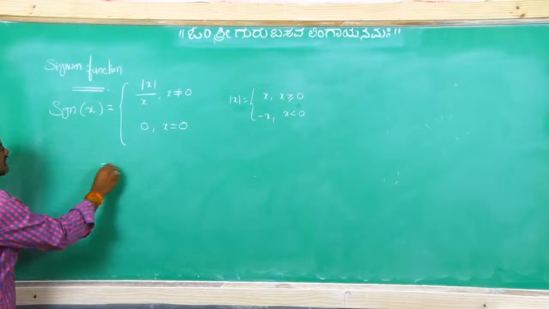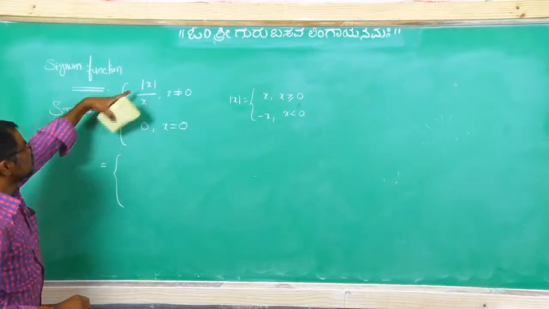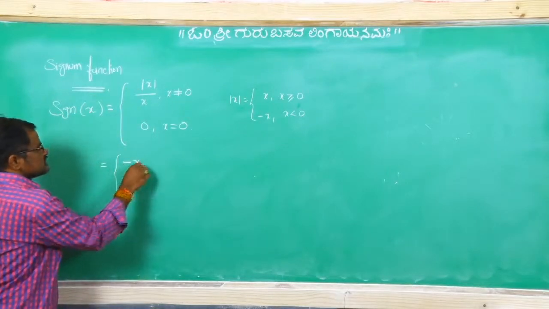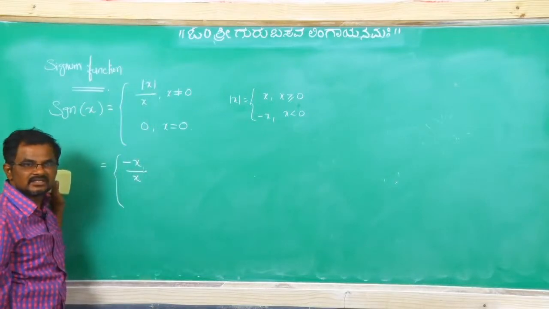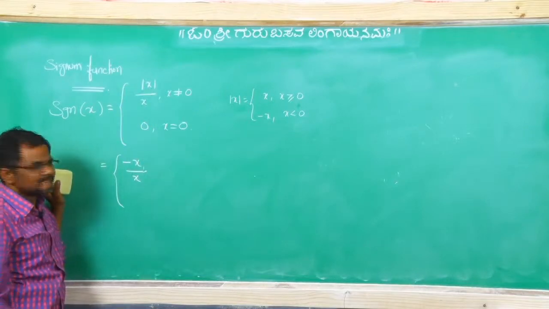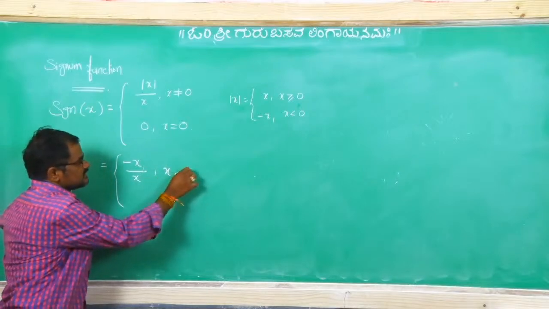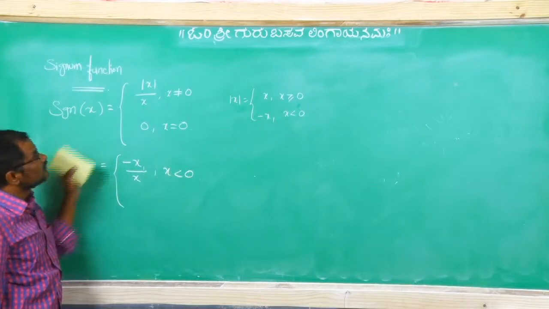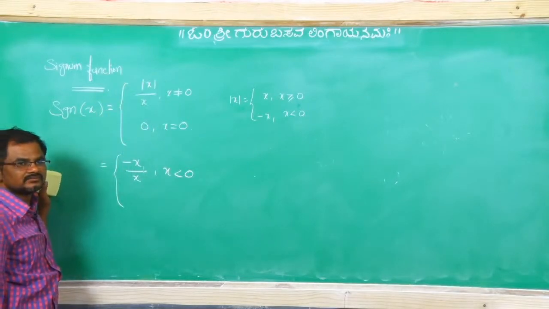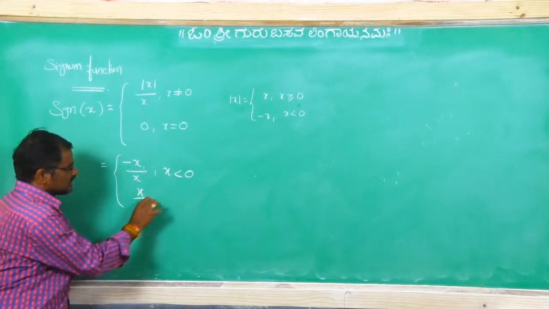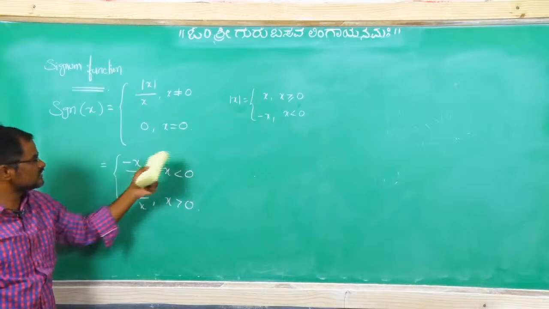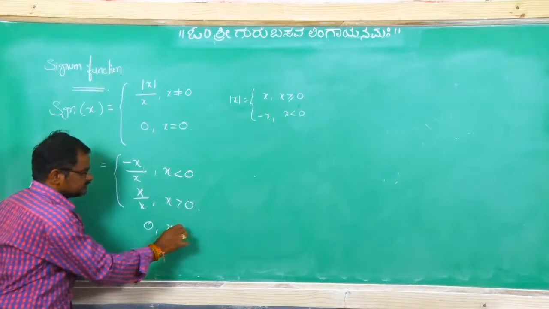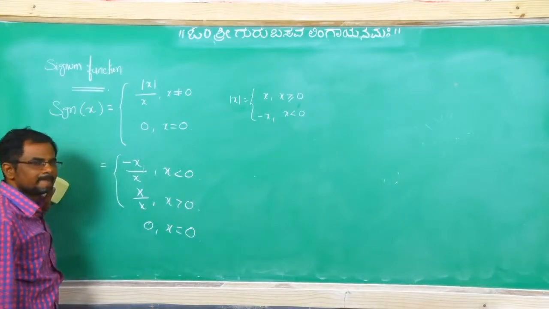By that, modulus of x: when can you take minus? When x is less than 0, right? When can we take plus? When greater than 0. When x is equal to 0, it is 0 as given.